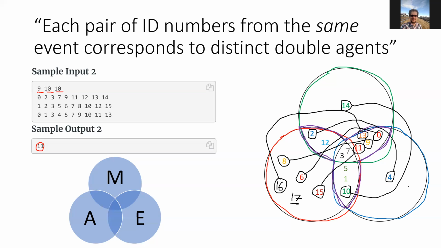This is maybe a little bit hand-wavy, but there is a way to prove it mathematically as well. You can do it by a proof by contradiction. I won't go through it exactly, but the idea is to assume that some particular group, say the purple group, is the biggest group, and that you cannot have all of the distinct double agents correspond to some color inside of the group, as in you would run out of colors to match from the inside to the outside.